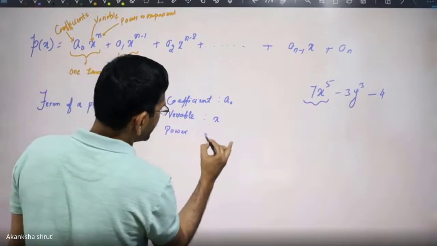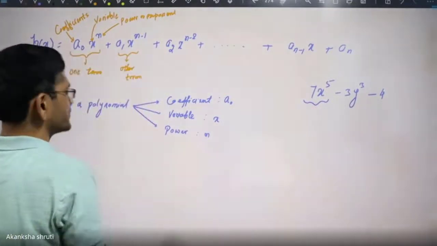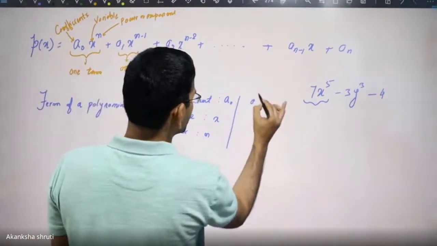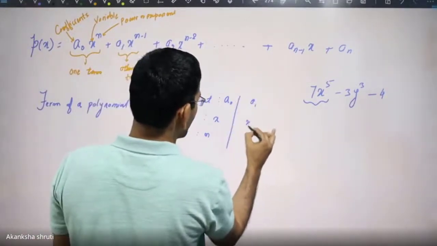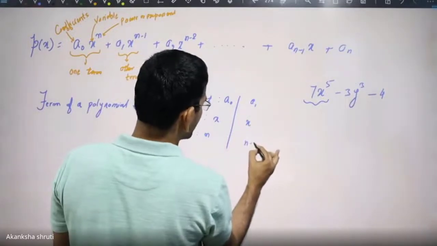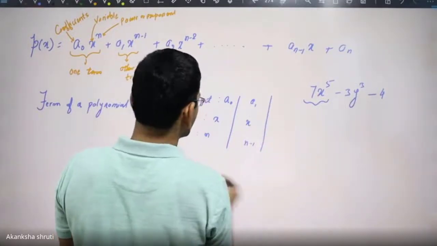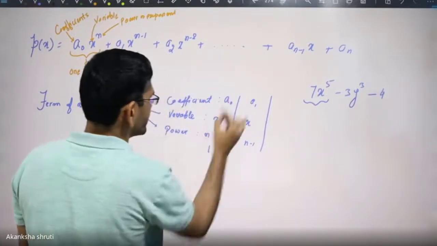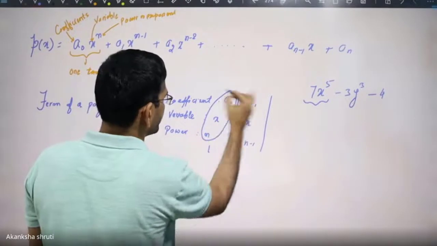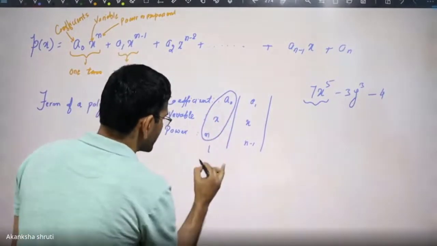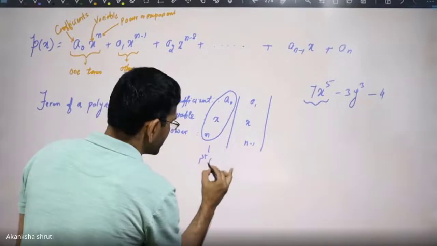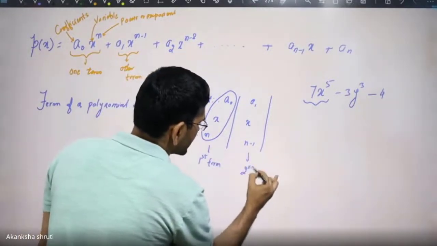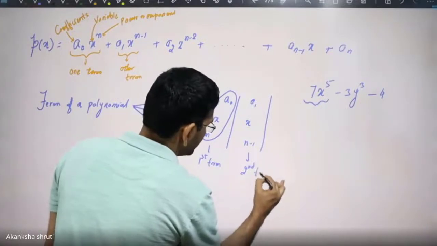The other thing associated is the power. So like here n. These were for the first term I have considered. It may be the other set, a1, again x to the power n minus 1. This was for the second term. So this set was for the first term and this set was for the second term.